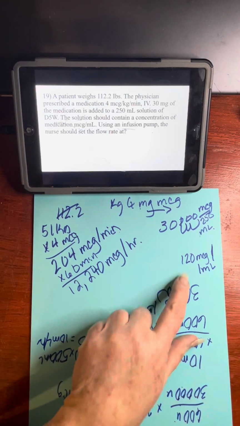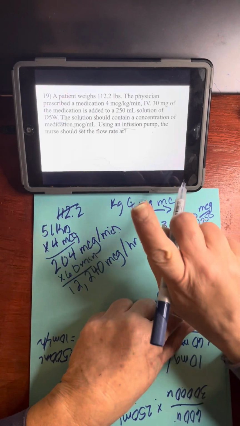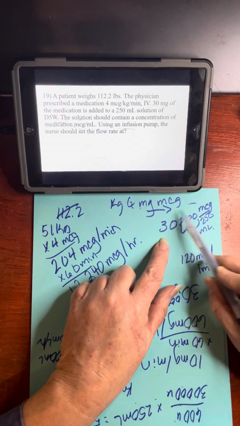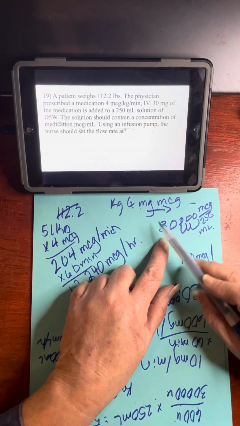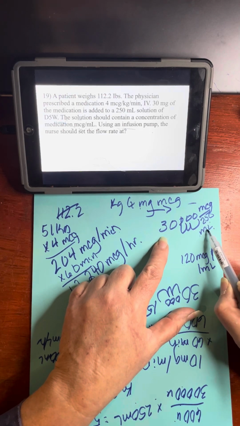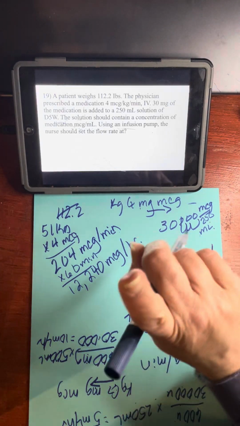When they talk about the concentration, usually they want you to bust it down into how much is in 1 milliliter. If you'll take the total milligrams or units or grams or micrograms, whatever, and divide it by the total milliliters, it'll give you how much is in 1 milliliter.